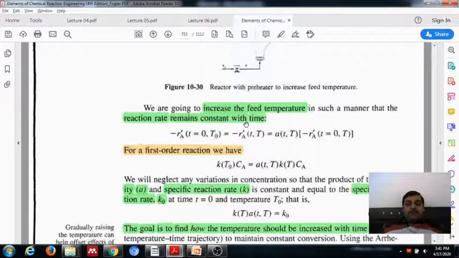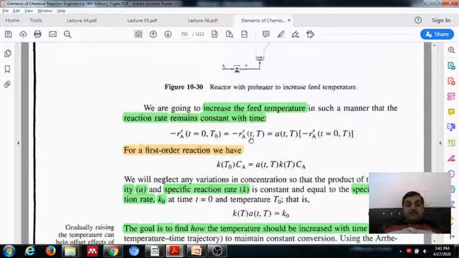Now if you look at this rate, this is activity. Activity is actually contributing to the drop in the value of rate. This is the rate what it would have been at 0 time and higher temperature.